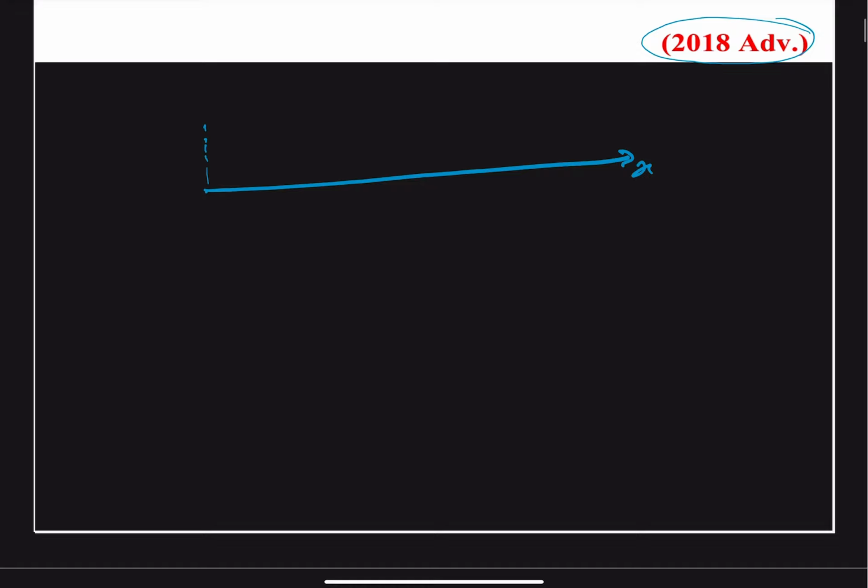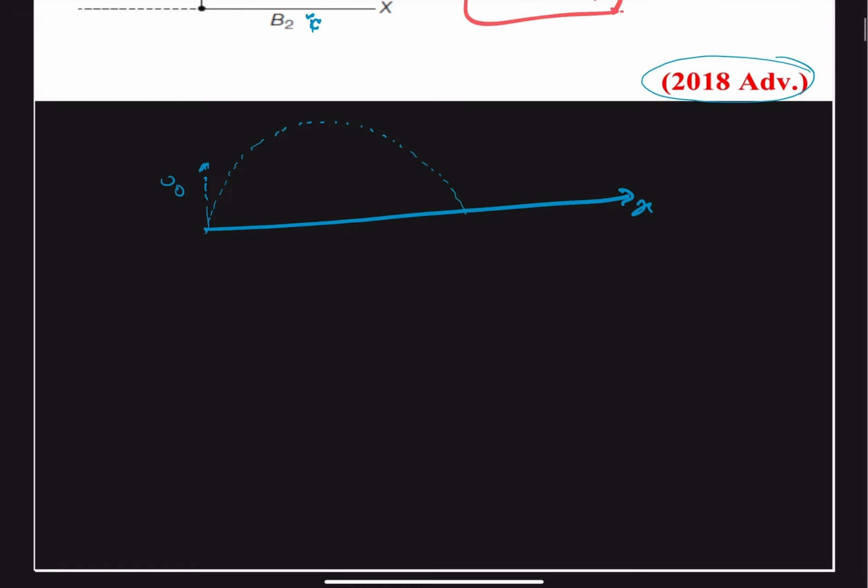So this is the initial velocity v0. This is going to follow a semicircular path, something like this. And here the magnetic field is entirely B1, and let us suppose in this case the radius is R1.